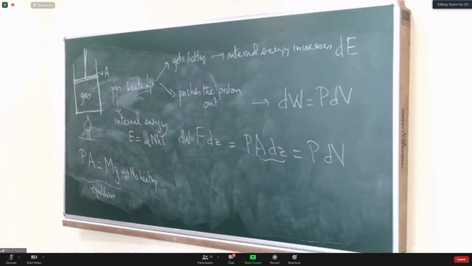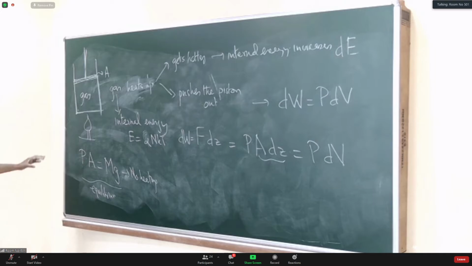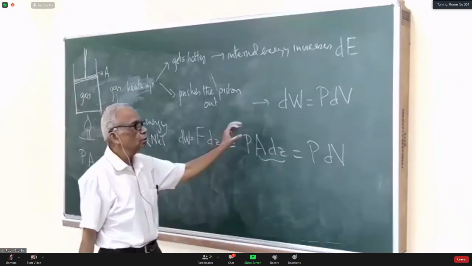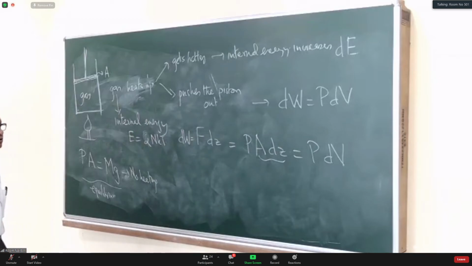So there are two aspects of this heat which is being supplied to the gas. That heat is essentially raising its internal energy by an amount dE, and is doing a certain amount of work, which is pdV.